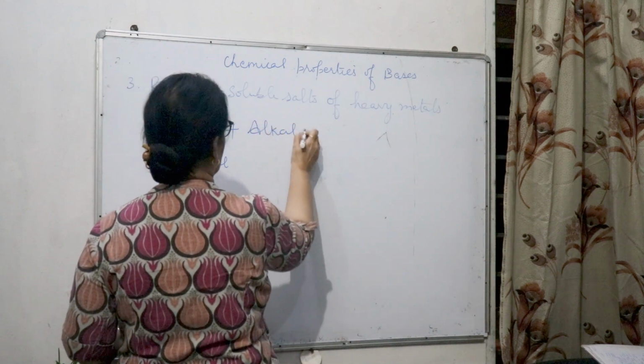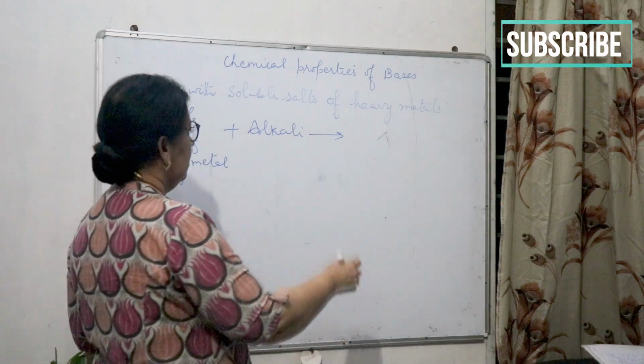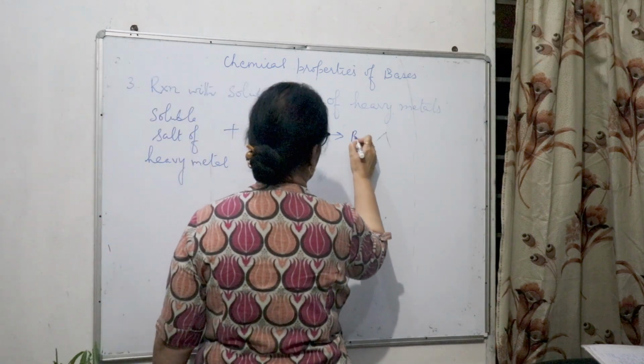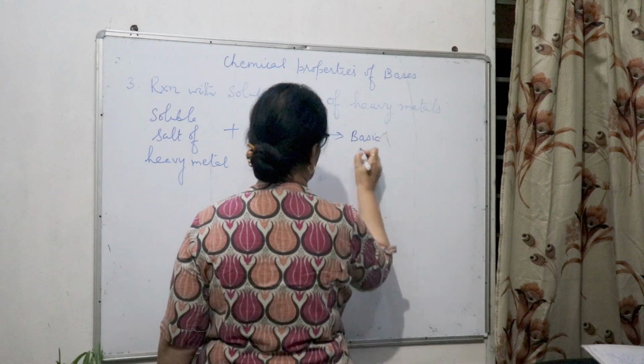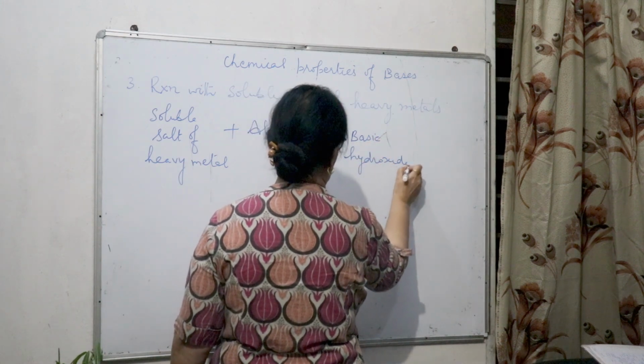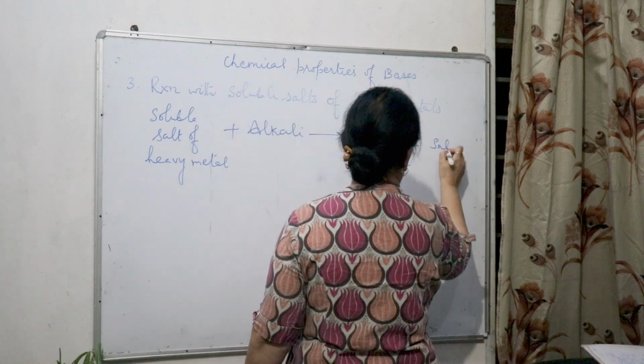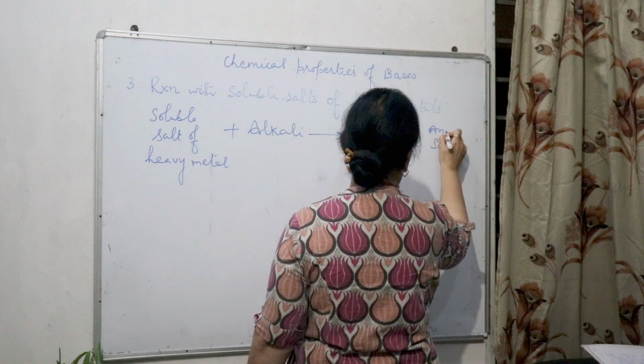What is alkali? Water soluble base is called alkali. That gives basic hydroxide plus another salt.